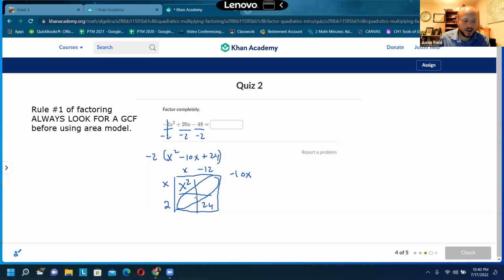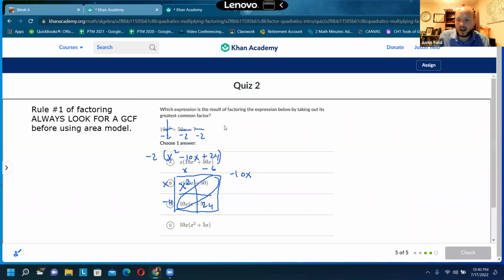So I don't want to use that. Thought I was really onto something there. What about -6 and -4? That would work, right? Okay, so then let's factor it. -2, and then x minus 6, x minus 4. Think I got it? I got it.